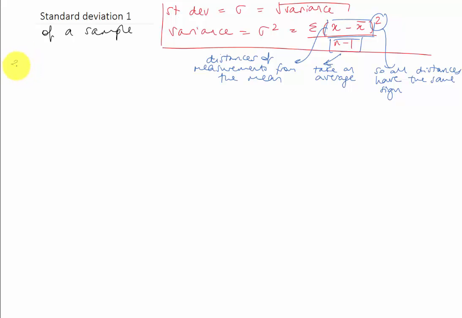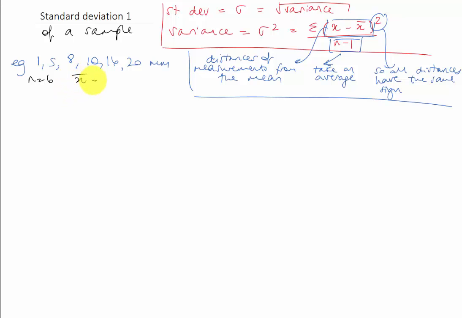So how about we've got a sample, so let's say we've got 1, 5, 8, 10, 16, 20 millimeters. And so n is equal to 6. We've got 1, 2, 3, 4, 5, 6 different measurements.